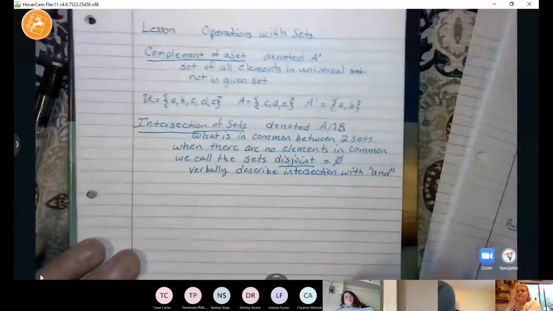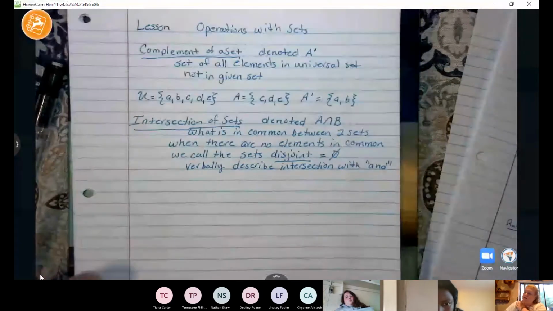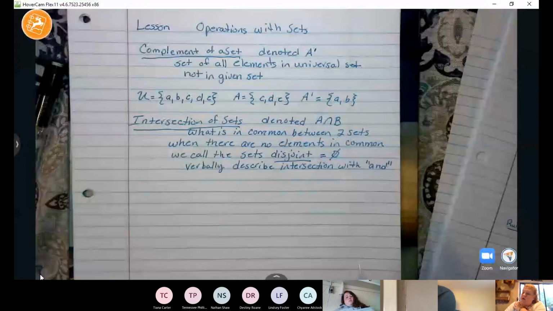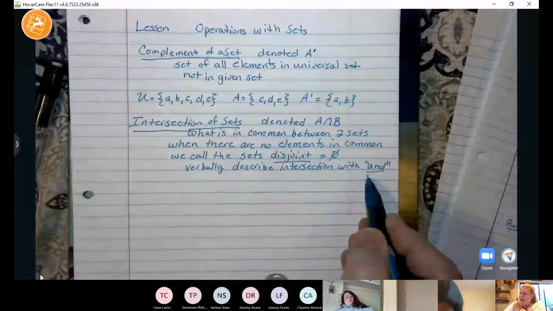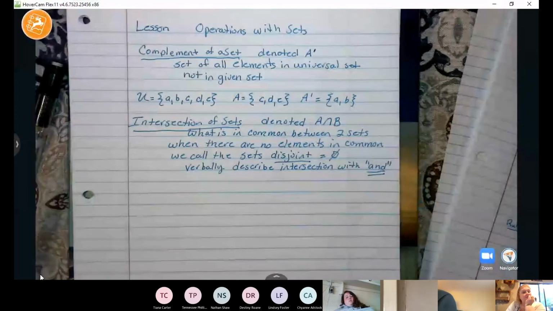When you see something written verbally and we're talking about intersection, we're going to be looking at the word and connecting the two sets.